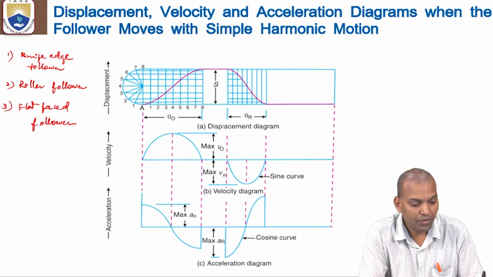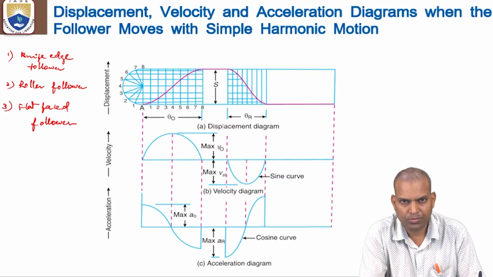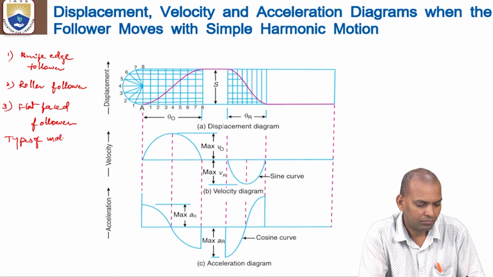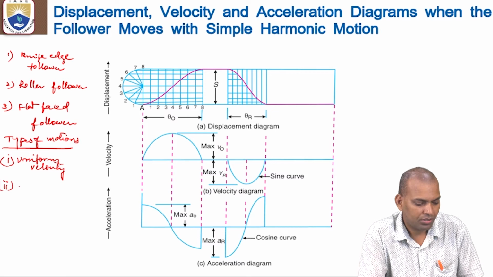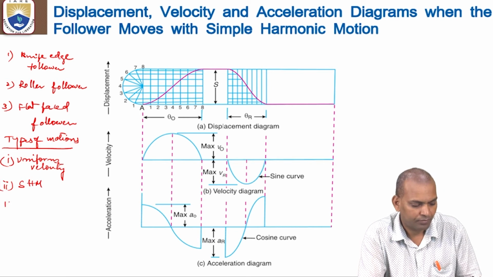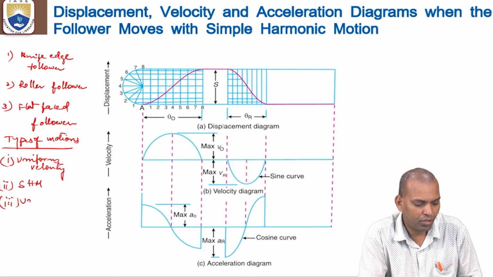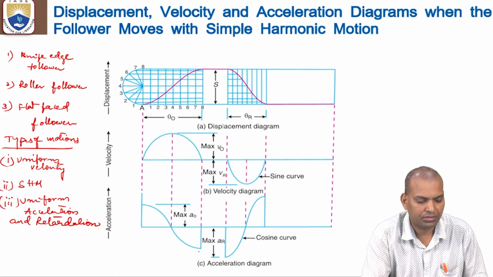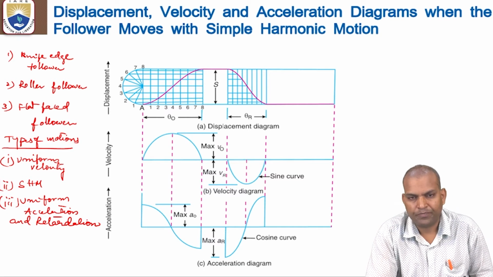The types of motions are: number 1, uniform velocity; second, simple harmonic motion; and third, uniform acceleration and retardation.